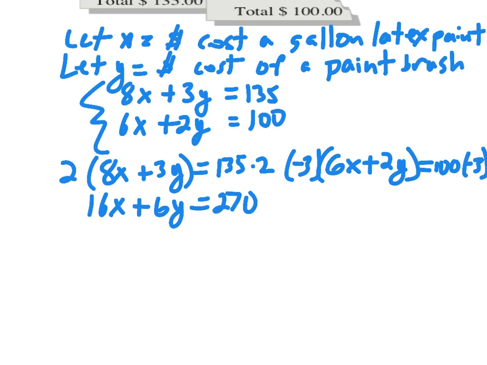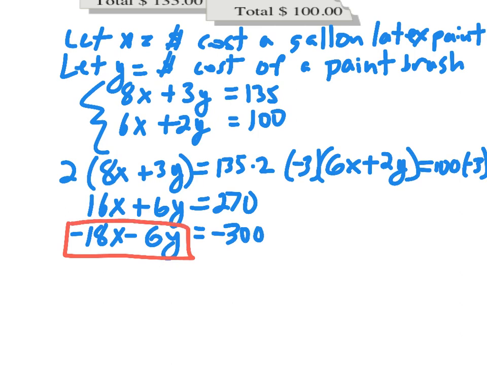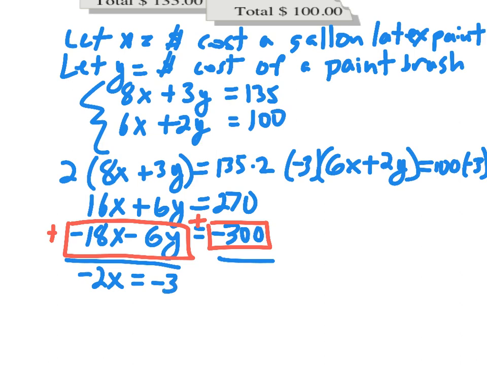And that would get me, I'll write that down here, -18x minus 6y equals -300. Add this to the left side of the first equation, add that to the right side of the first equation, and I will get -2x equals -30.